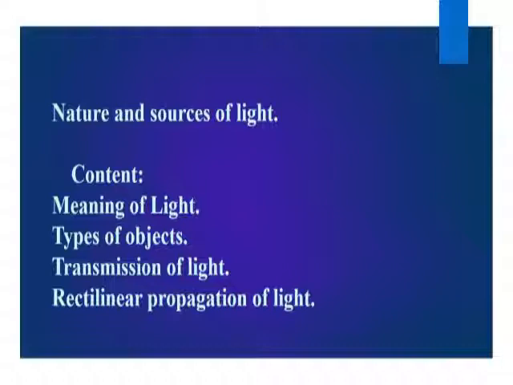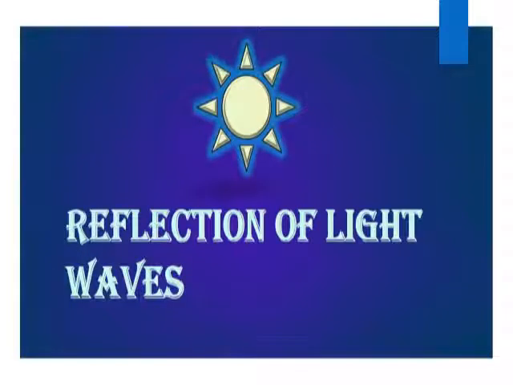First of all, by reflection of light waves, we have a concept there: light and waves. What do we mean by waves? A wave is a disturbance that travels through a medium, transferring energy from one point to another without causing any permanent displacement to that medium.